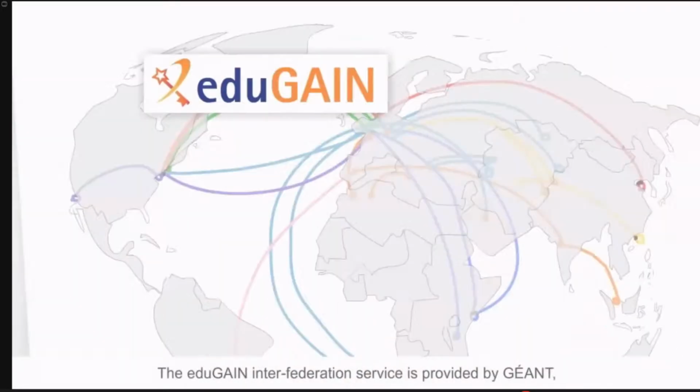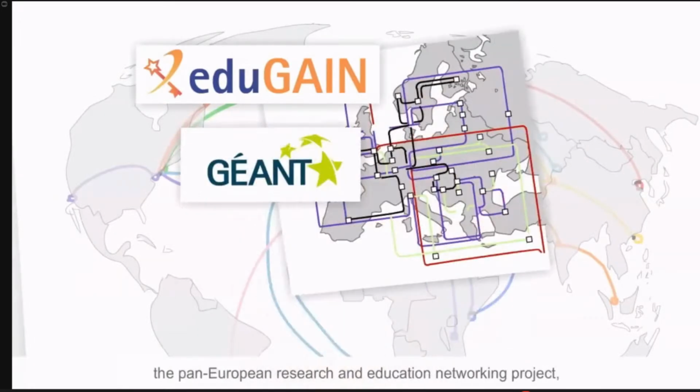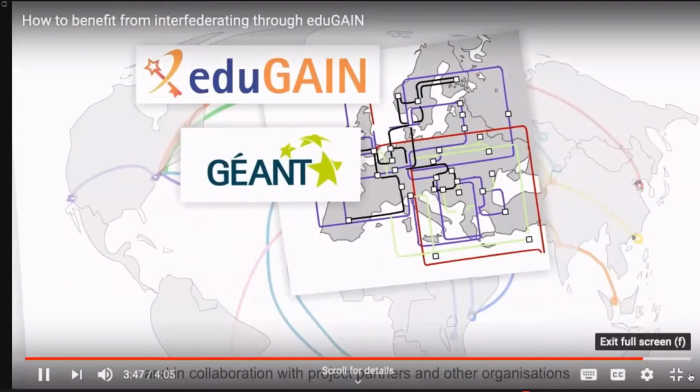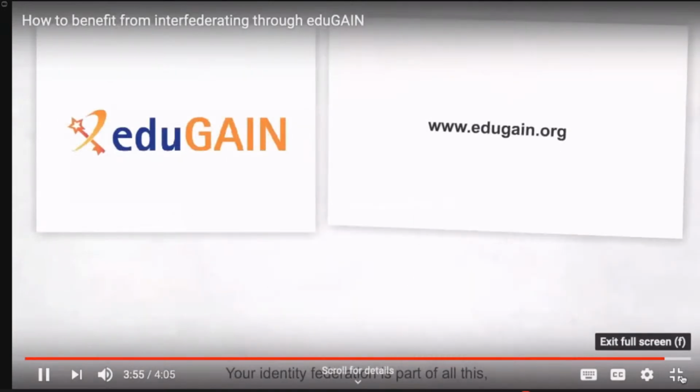The eduGAIN Inter-federation Service is provided by GÉANT, the Pan-European Research and Education Networking Project, in collaboration with project partners and other organisations concerned with building identity federations around the world. Your identity federation is part of all this, helping to connect users and services from around the world at a local level.